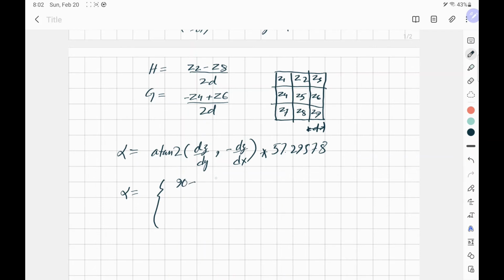It can be 90 minus the aspect value if aspect value is negative, or it will be 360 minus aspect value plus 90 if it is greater than 90, or it can be 90 minus the aspect value otherwise.